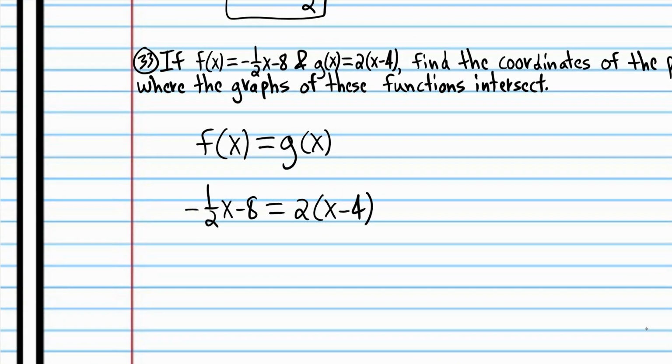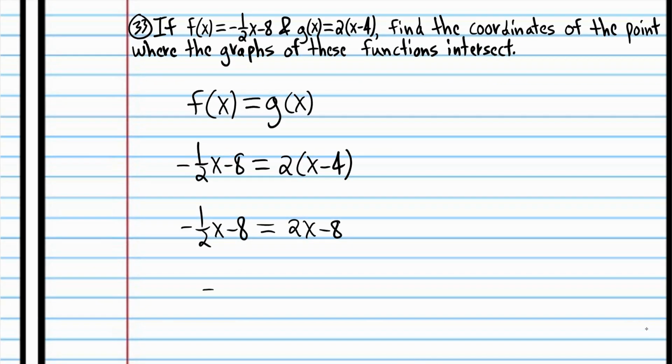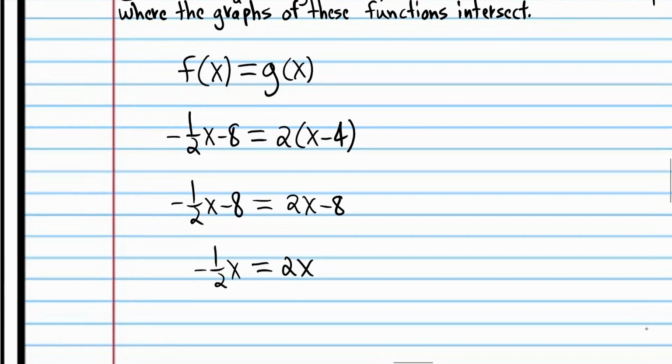So we're going to distribute the 2. We get 2x minus 8. And then we need to simplify this equation. I'm going to add 8 to both sides of the equation, and it just so happens that the 8 cancels out.